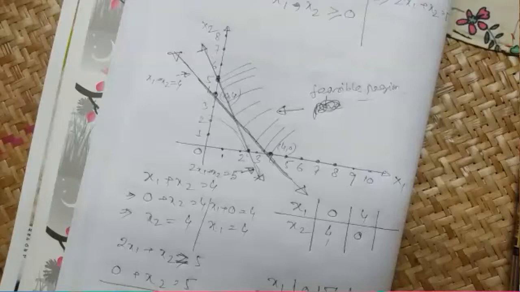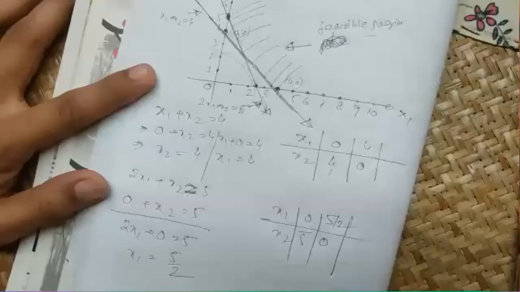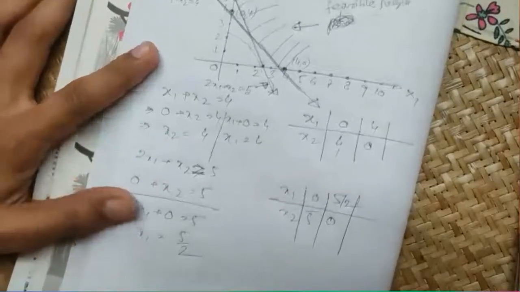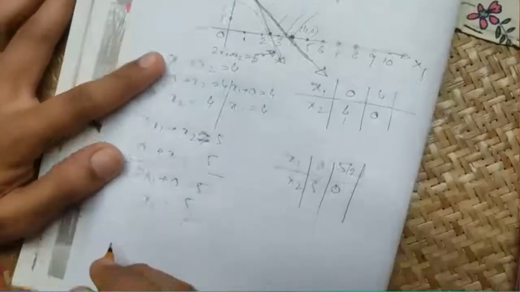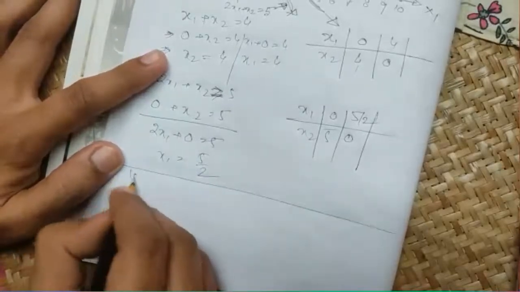So in such a case, at that particular point, the slope of the tangent of the circle and the slope of the constraint will be equal. You could just say the gradient of the line and the gradient of the circle will be the same at that point. So now the second part.